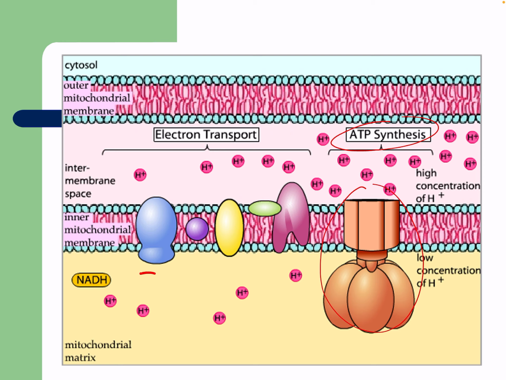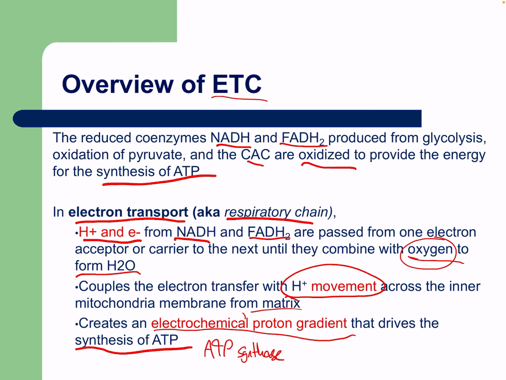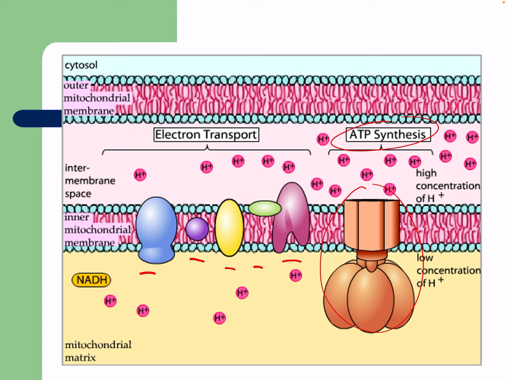So these are those 4 subunits that we discussed. So these are those acceptors or carriers, essentially. And we can see here that we have that gradient being built. So here's that concentration gradient, the high concentration and a low concentration. And we use this gradient to produce ATP. And again, we'll get into more detail later.